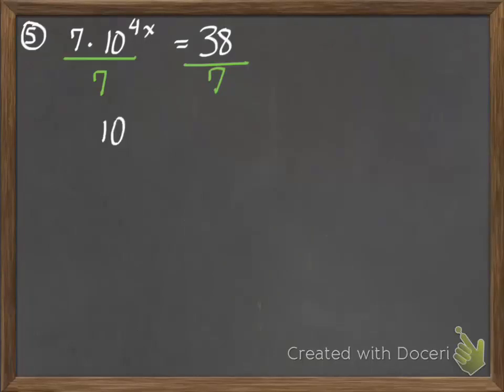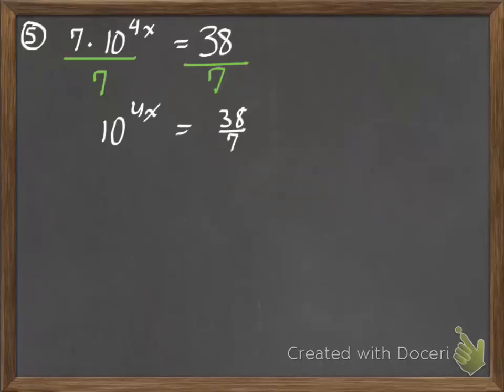And so 10 to the 4x is equal to, does 7 divide evenly into 38? No. Can it be reduced? What are the factors of 7? 1 and 7, right? So no, it's in simplest terms. So you're going to leave it as 38 divided by 7. Always check to make sure it can't reduce.